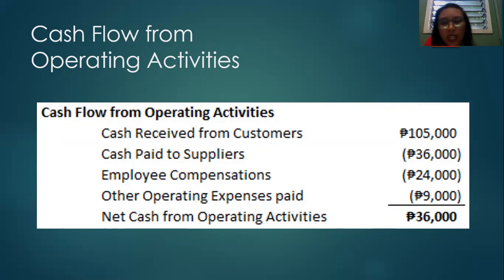Cash paid to suppliers, this is referring to the supplies. Since you're the one who paid, it is an outflow. Employee compensation refers to the salaries. It is an outflow still. Other operating expenses paid, still an outflow since it's an expense. When you sum it up, that is the total.